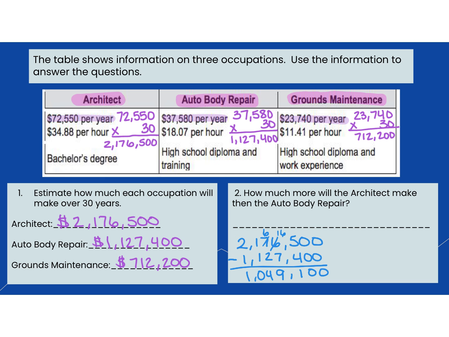And when we subtract, we find that $1,049,100 is the difference, or how much more an architect would make over the course of 30 years.